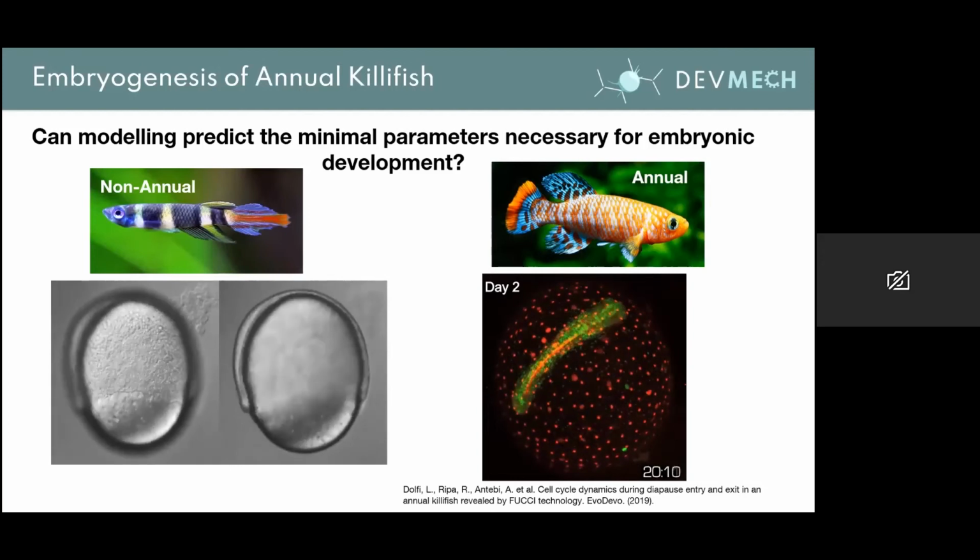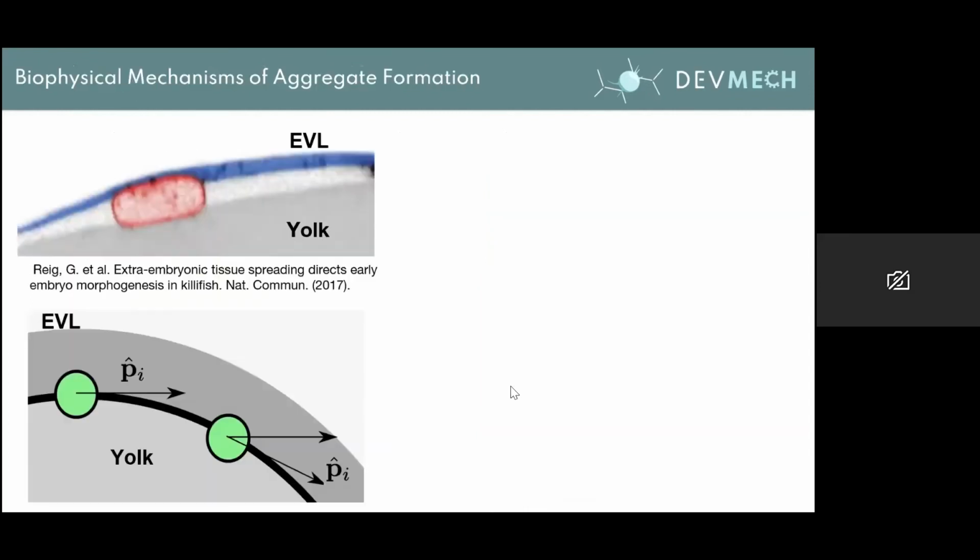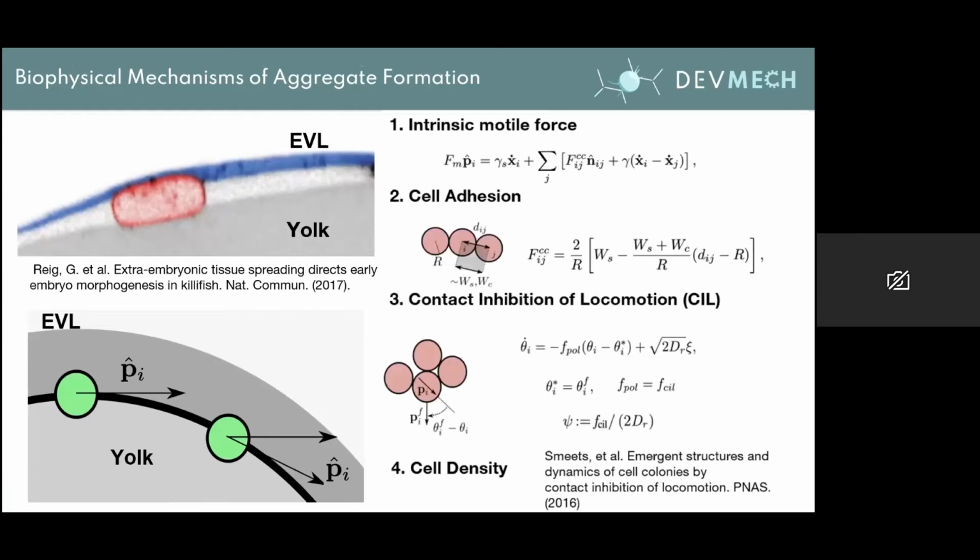The stem cells initially move between the epithelial enveloping layer and the yolk. They move tangentially between these layers. Interaction with them is the same as between the stem cells. We base our mathematical model on Smith's 2016 paper, which stated 4 parameters that control this aggregation process: the intrinsic motor force, which is the force that propels the cells forward; and cell adhesion, which is the main parameter for the aggregation process.